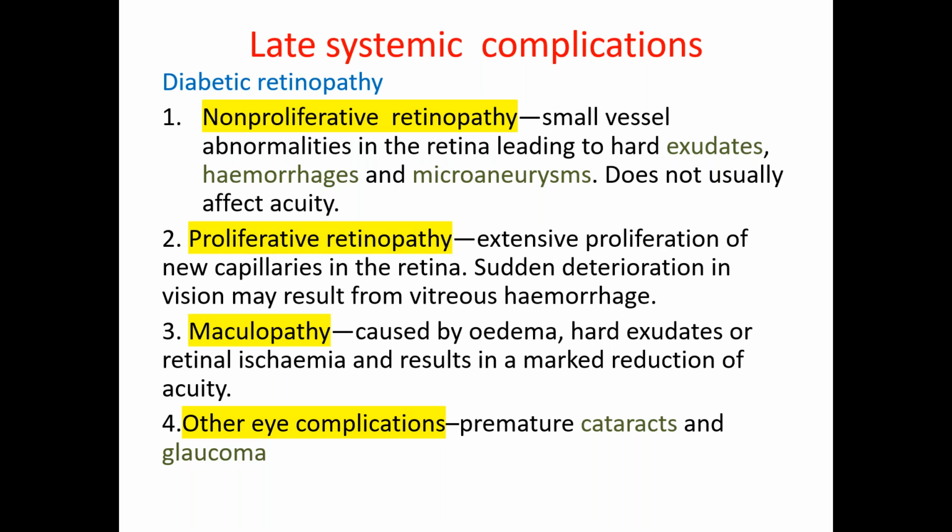In non-proliferative retinopathy, small vessel abnormalities in the retina lead to exudates, hemorrhages, and microaneurysms, and these changes do not affect visual acuity. But proliferative retinopathy is a serious condition in which there is proliferation of new capillary vessels in the retina, and these vessels may rupture, leading to vitreous hemorrhage and loss of vision.